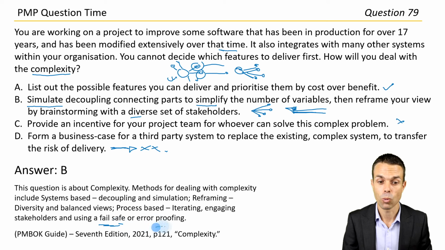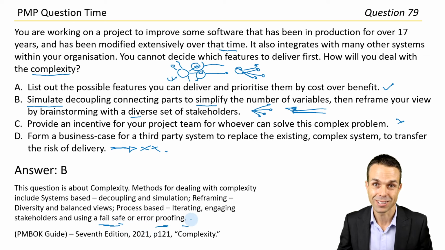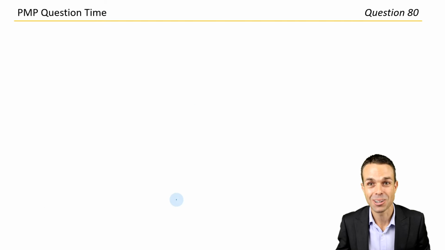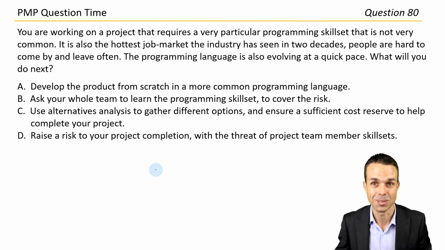So we've got page 121 under complexity in the PMBOK guide. Wonderful stuff. And what else is wonderful is that we've made it to the last question in this little section. And I've learned a whole bunch about the PMBOK guide 7th edition, and I hope you have too. Especially I love that volatility and VUCA stuff, because you see it every day, and it's good to have tools to deal with that. Let's do this.